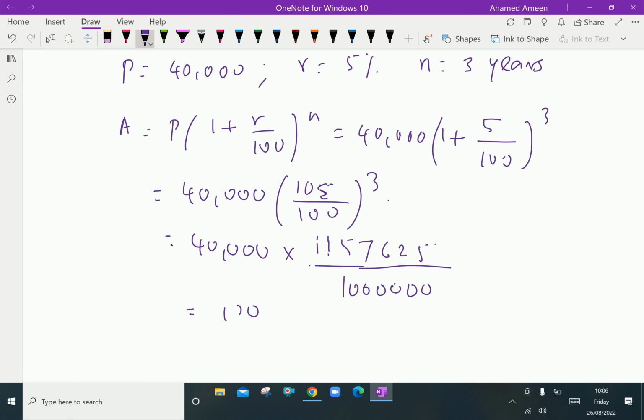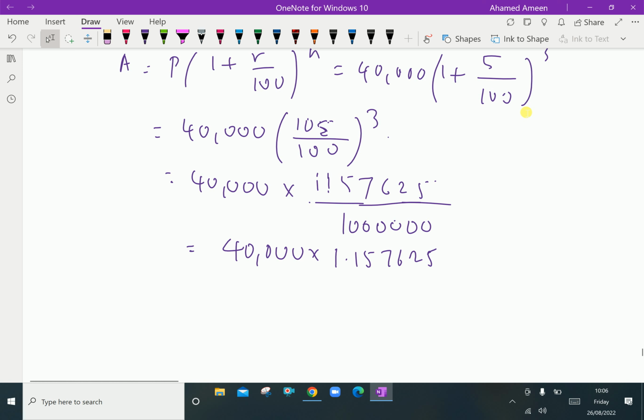Which is equal to 40,000 into 1.157625, moving the decimal 6 places, multiplied by 40,000, which equals 46305 rupees.